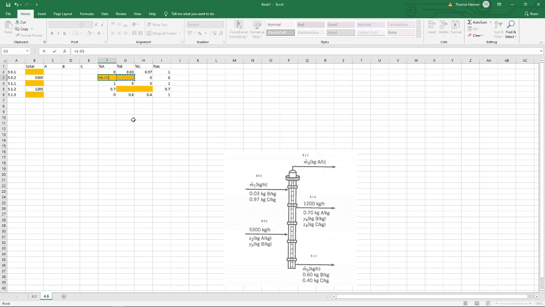If we know how much B we have, then we can calculate how much A. So I'm just going to mark that in a green color to say that started out as a variable, and now we've defined it as something else, as an equation. 1 minus G3. We do the same thing for one of these. So this one would be equal to 1 minus this minus this.